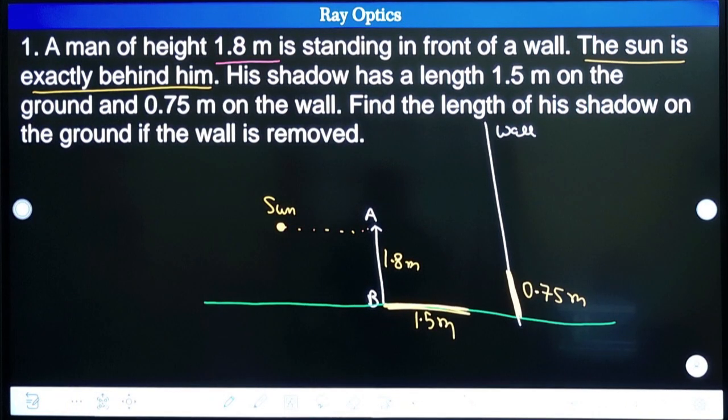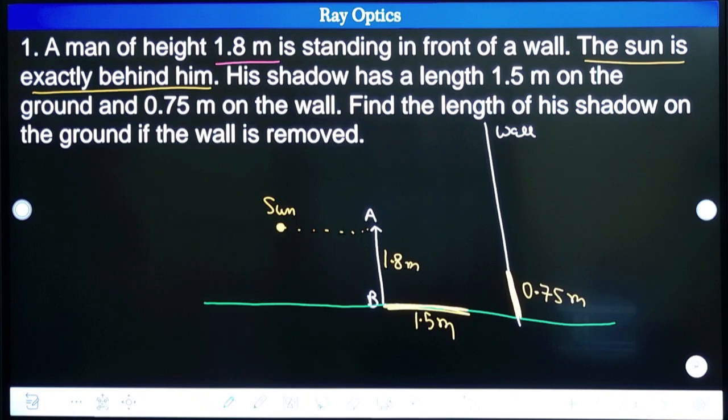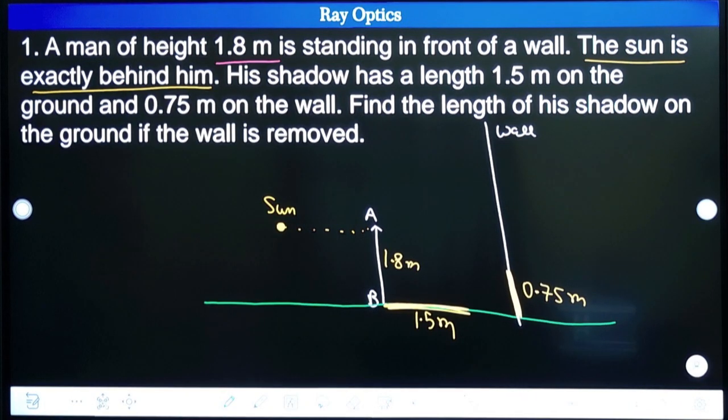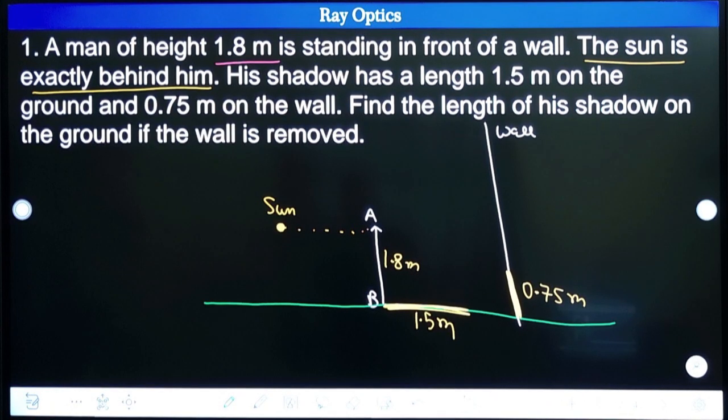Do some calculations. Then we'll discuss. And the diagram which I have made, is it correct 100% or not? That also you need to see. You also try to make your own diagram. All of you try this.